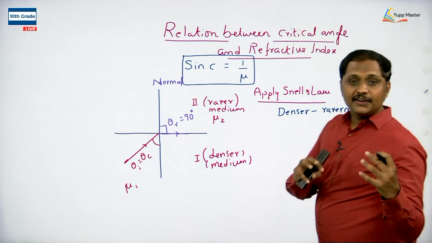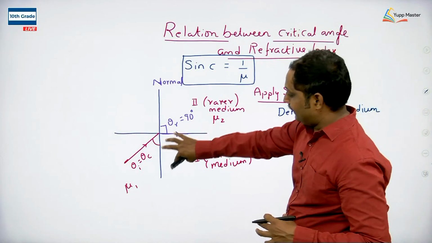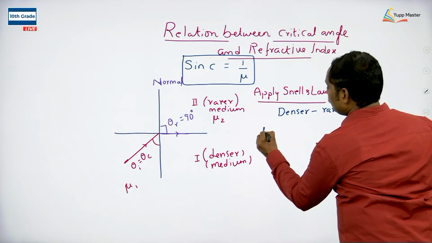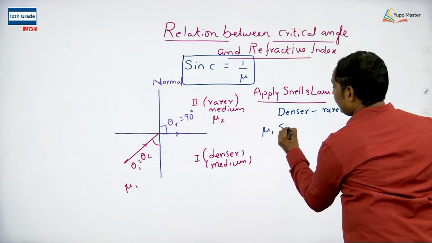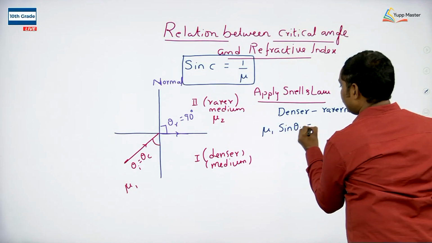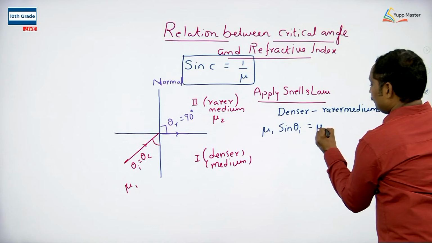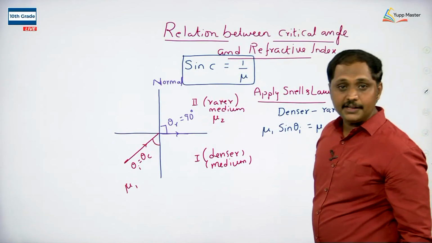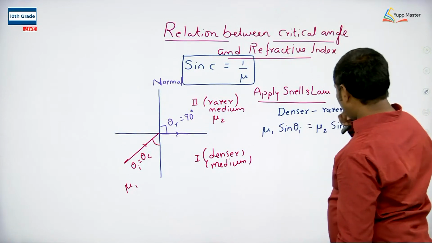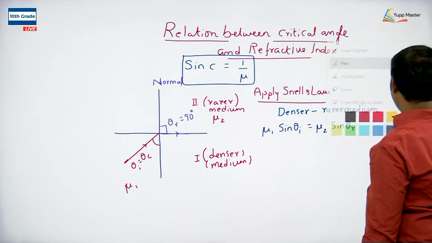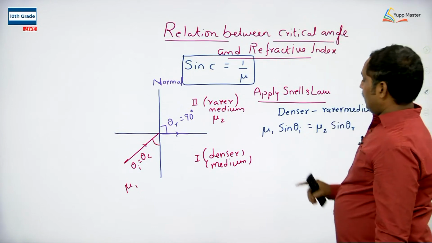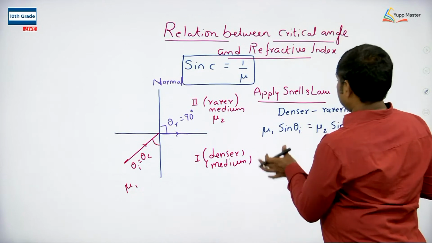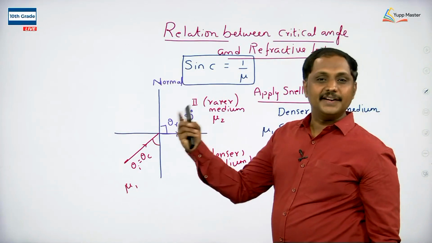Now you can start with the angle theta i: mu 1 sin theta i is equal to mu 2 sin theta r. It is very clear. Now you have to look at mu 1 and mu 2. I have the relation mu 1 is greater than mu 2.